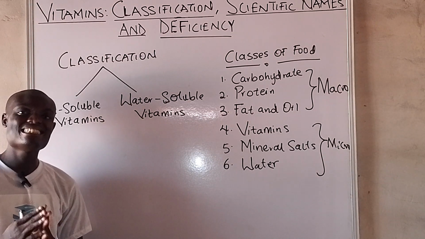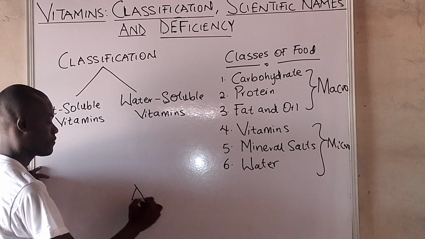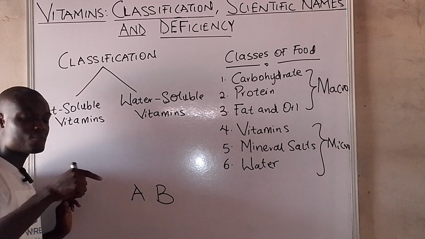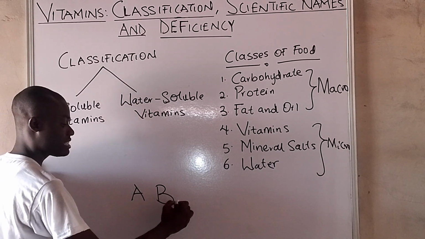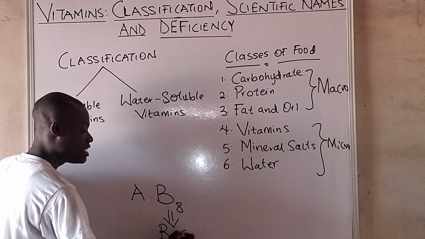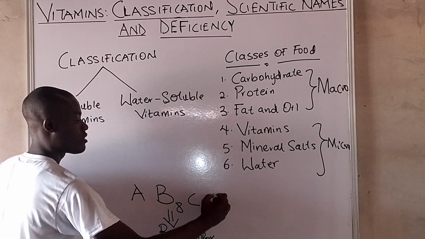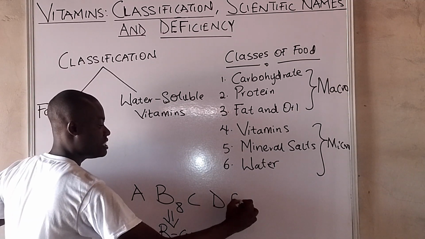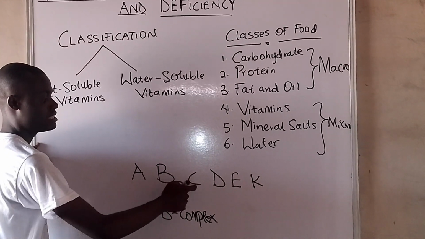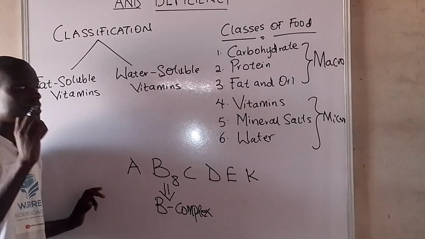So we have 13 vitamins: vitamin A, vitamin B, and in vitamin B there are 8 vitamins that make up vitamin B. For that reason, vitamin B is also called vitamin B complex. Then we have vitamin C, vitamin D, vitamin E, and vitamin K. So we count 1 plus 8, 9, 10, 11, 12, 13. So we have 13 vitamins in biology.